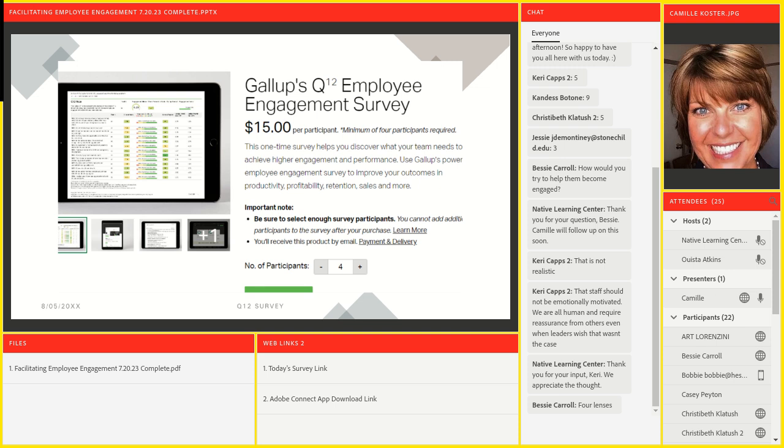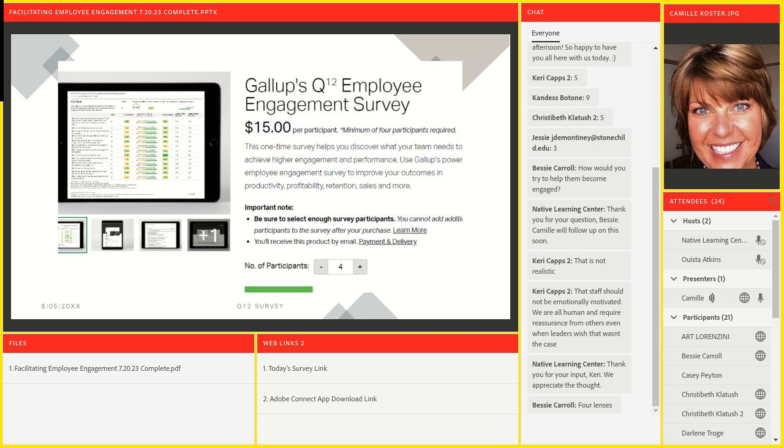So if you decide that this is way more than you can take on, but you know that you have a challenge with engagement, and you have a large amount of not engaged employees, more than you really want to handle yourself, then this is an easy way to help solve that.